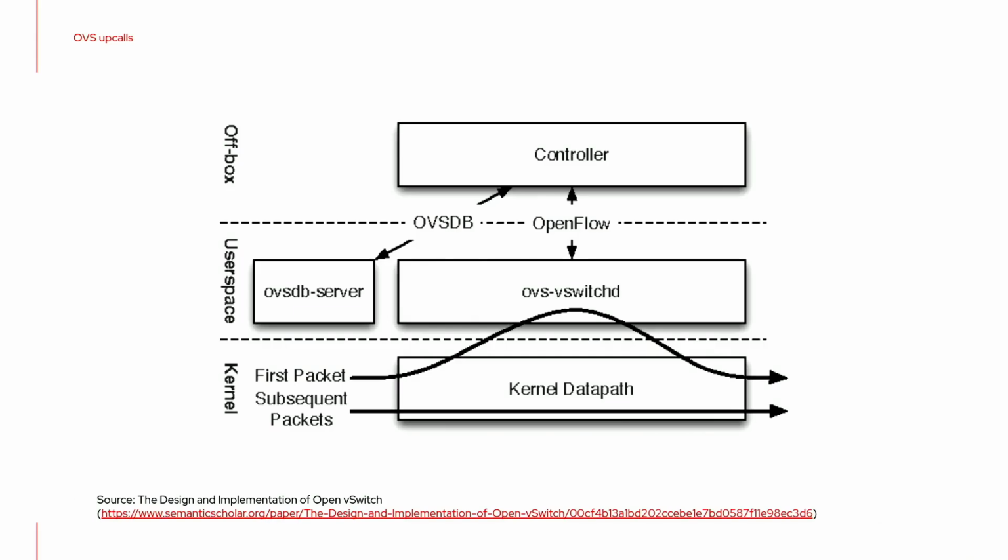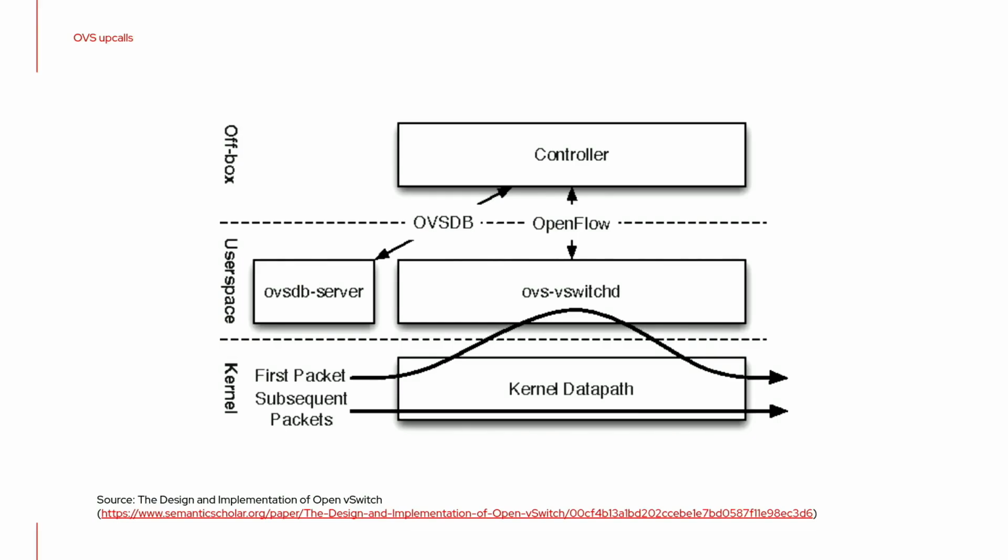The data path, the kernel data path, is essentially used as a cache. The first packet that hits the kernel data path is sent to user space. In user space, OVS figures out what to do with it. It gets re-injected back to the kernel, and the flow gets installed so that subsequent packets are processed by the kernel directly.